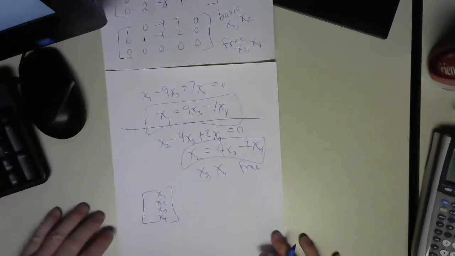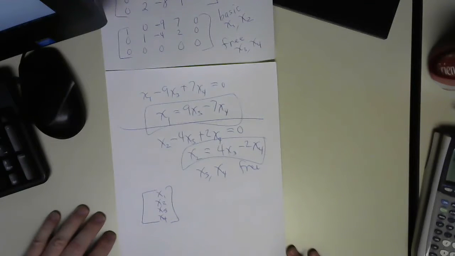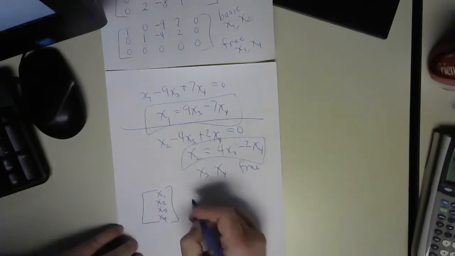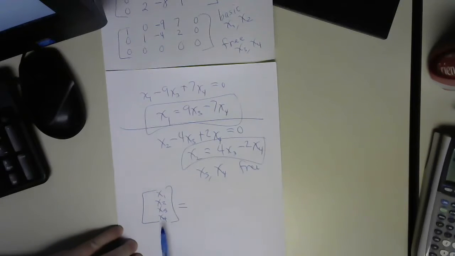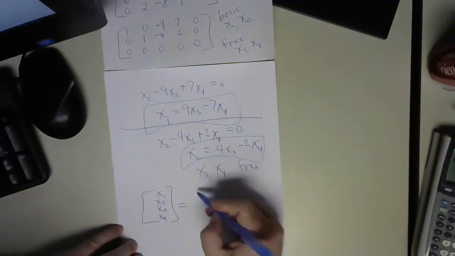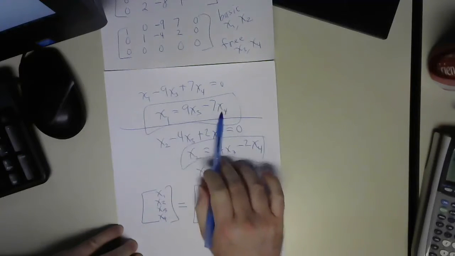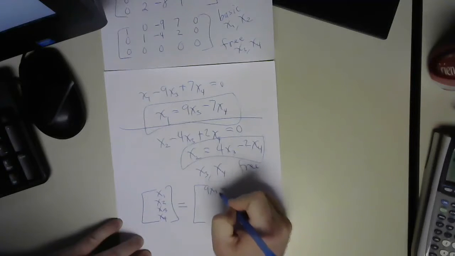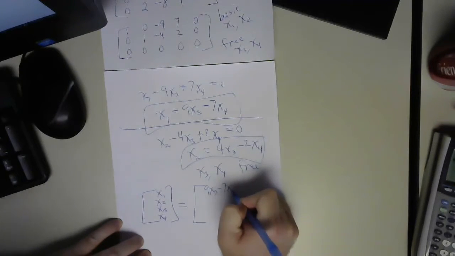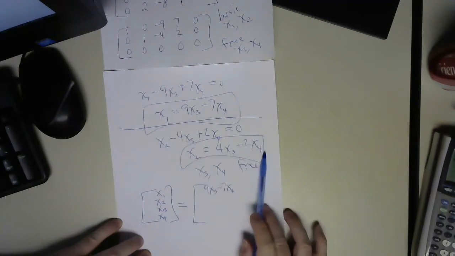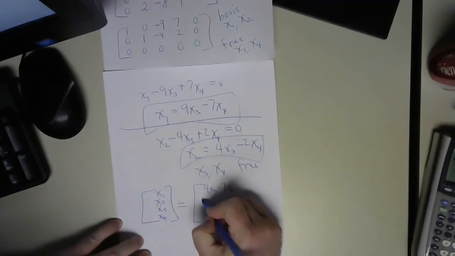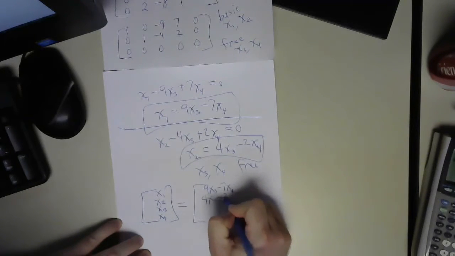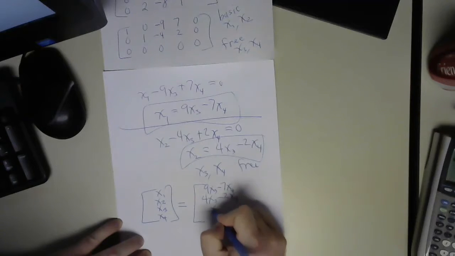So what you usually do to express this in parametric form is just leave the free variables where they are, x3 and x4, but replace x1 with 9x3 minus 7x4, and we'll replace x2 with 4x3 minus 2x4, and we'll just leave the last two alone.